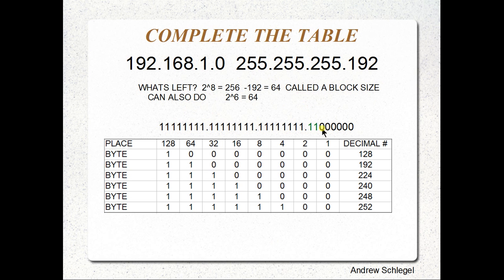And actually, if you went ahead and looked at 1, 2, 3, 4, 5, 6, 2 to the 6 equals 64. So you can do it either way: 256 minus 192, or 2 to the 6. So you can do 2 to the host bits. The only reason I don't like that is that they call them host bits, but they aren't really host bits, because you have to save the network address and the broadcast address out of that, so you can't really use them all for hosts.